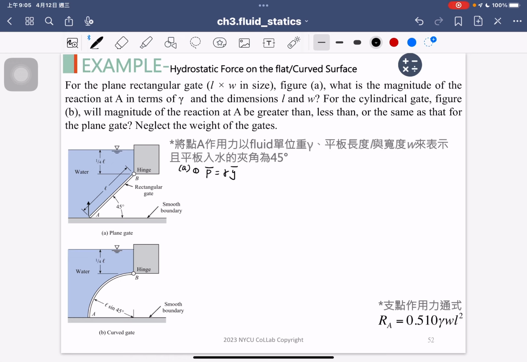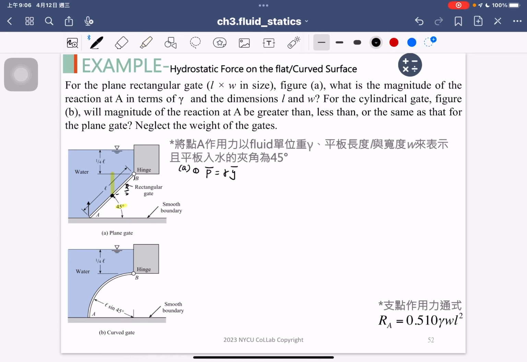So we go back to the figure here. We may point out the centroid point, and we have the length here, and the total length of the panel is L. So actually, we know that there is L over 2, right? And we have the angle of 45 degrees here.